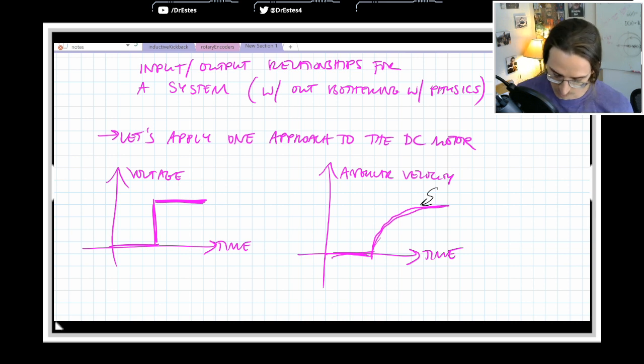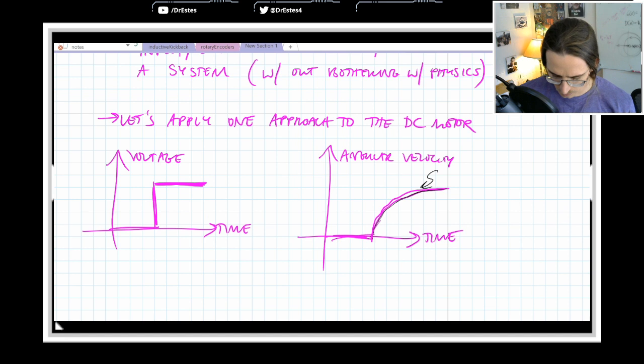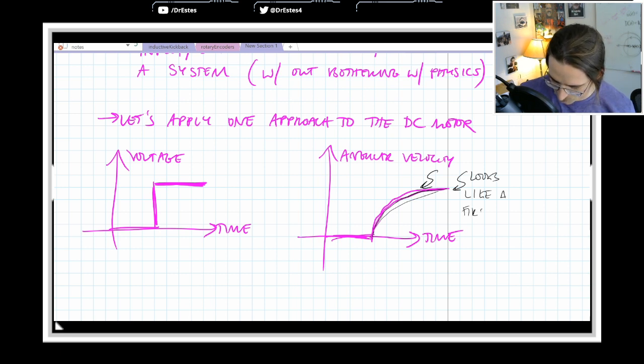I care about what mathematical function can fit a response like this. And even though the underlying physics might be third order or second order or whatever, this looks like a first order response.